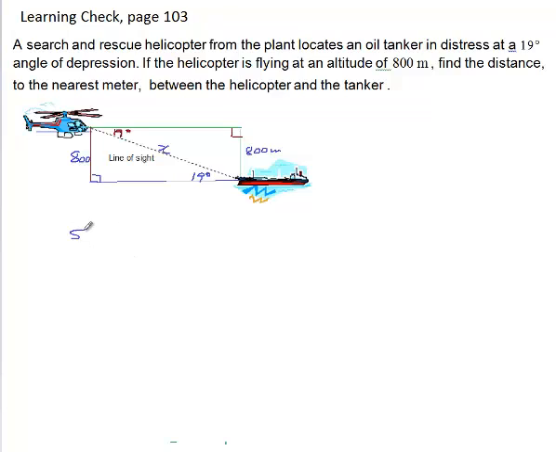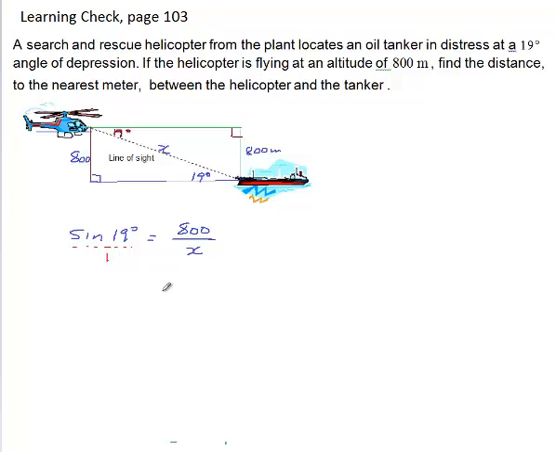So the sine of 19 degrees is the opposite side, 800 meters, divided by the hypotenuse, which in this case is the line of sight, or the distance between the helicopter and the oil tanker. And now it's a simple algebraic equation to solve.